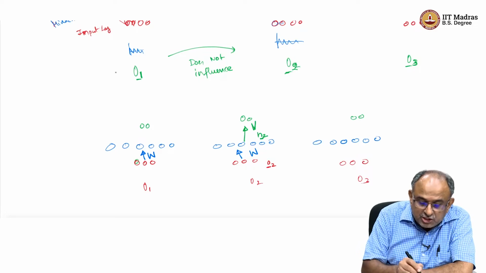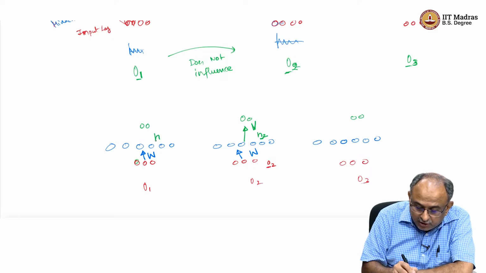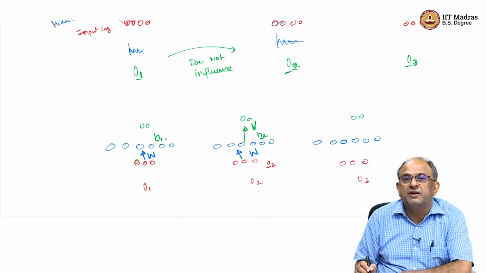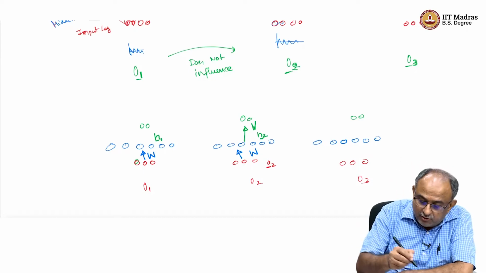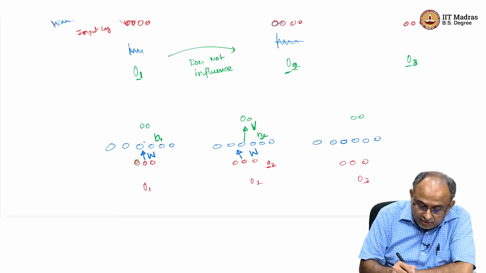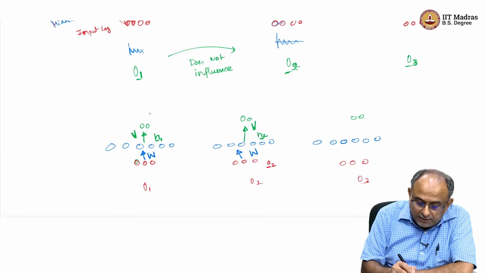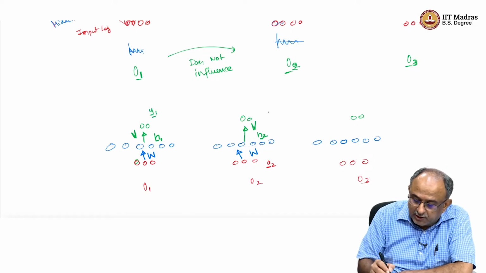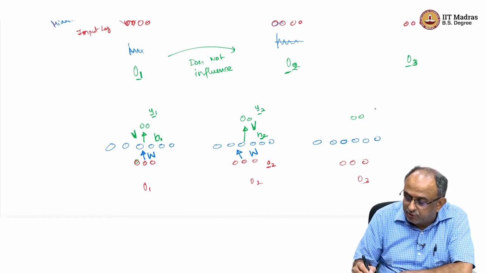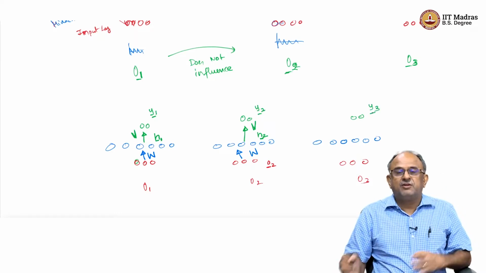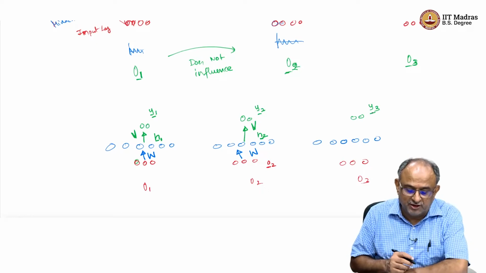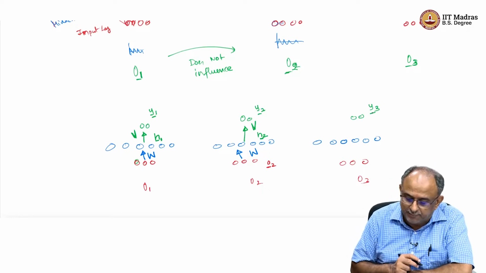So I will get H1 here because it is the output of O1 passing through the W matrix, and then on H1 I apply the weight matrix V to get my Y1, the first output. This will be Y2, my second output, this will be Y3, my third output, okay. So till now, this is still a deep neural network, there is no connection between them, right.